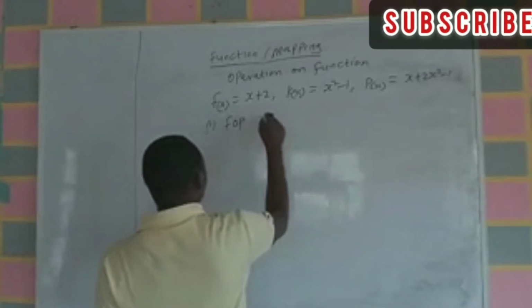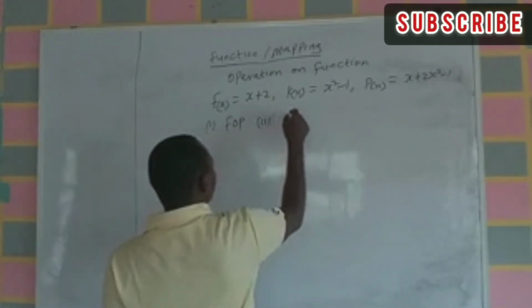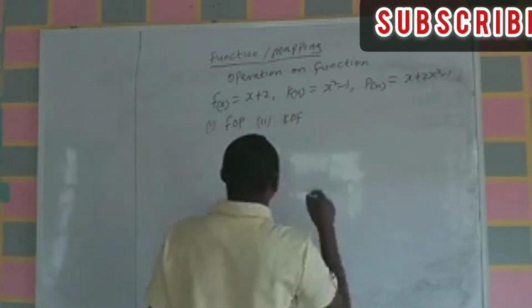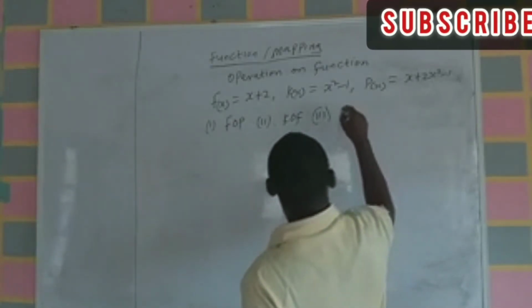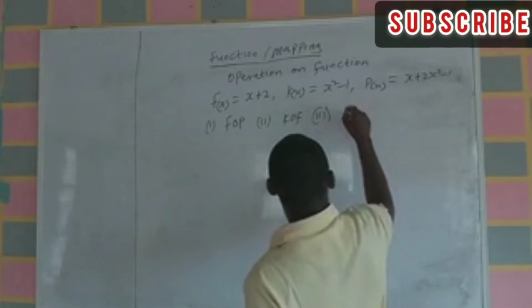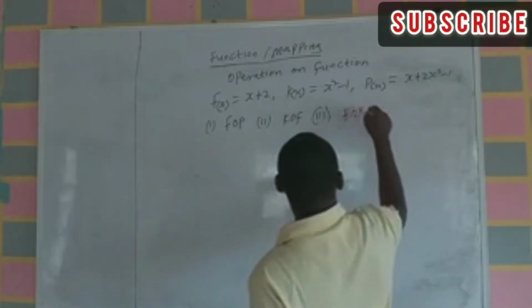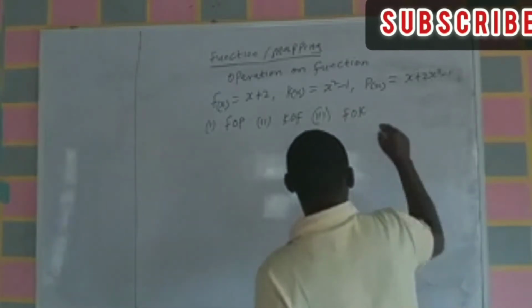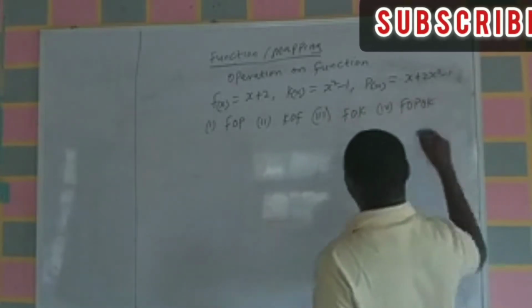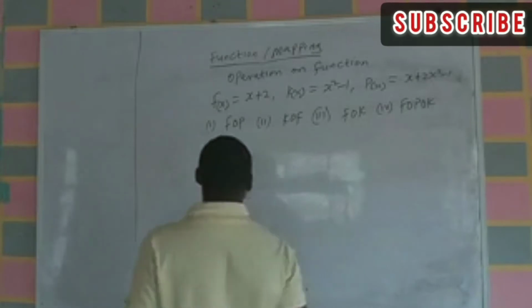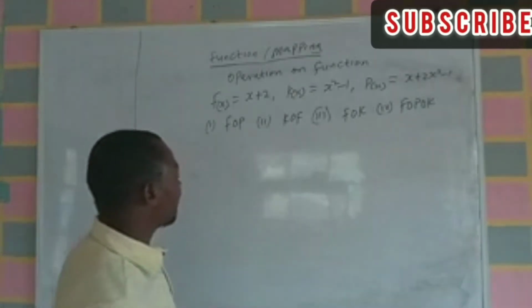Number 2 we have k o f. Number 3 we have f o k. And number 4 we have f o p o k. So now we solve them one after the other.